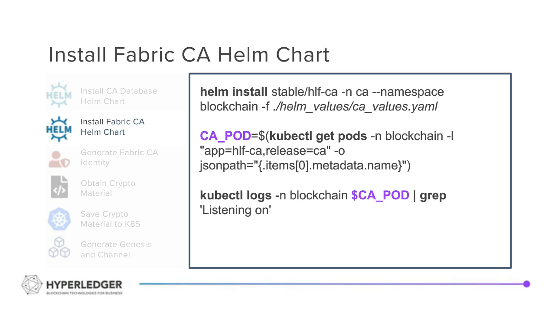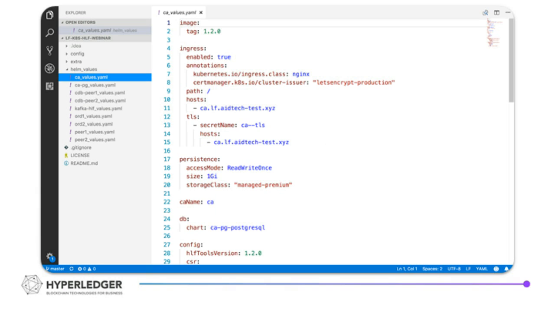The values file for the CA is considerably more involved. Firstly, we define the image tag, where we use Fabric 1.2. We also implement an ingress. This is basically a way for you to access the certificate authority from outside the Kubernetes cluster. In this case, I'm using a test domain that we own to enable access to our CA.